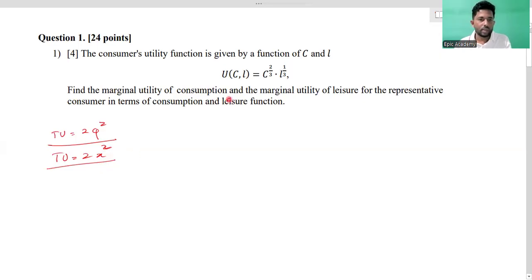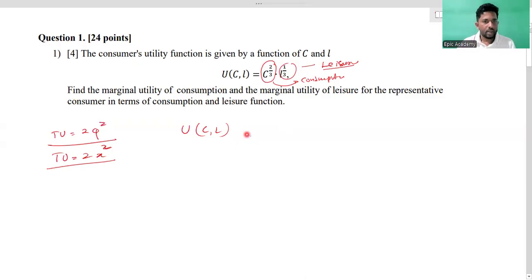But in here you can identify U within brackets C and L respectively for the consumption and leisure. So this part belongs to the consumption. Right. So this part belongs to the leisure. So clarify all those things, then you can calculate it.